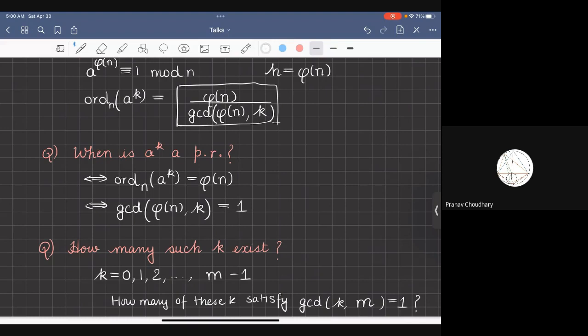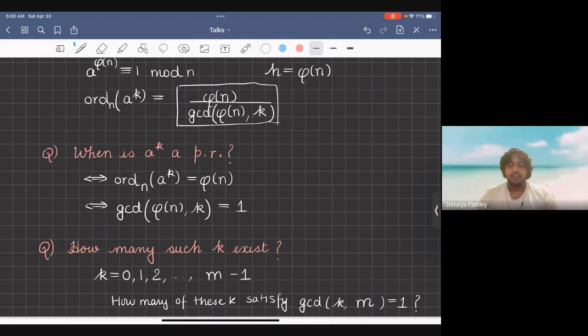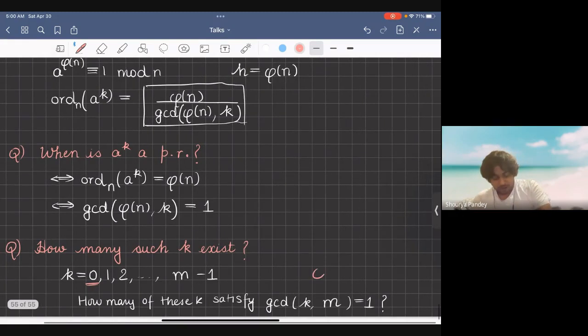Phi of m, yeah, exactly. Now this 0 is the same as m if you're looking at mod m. So it's the same as the definition of phi, so this is literally phi of m.